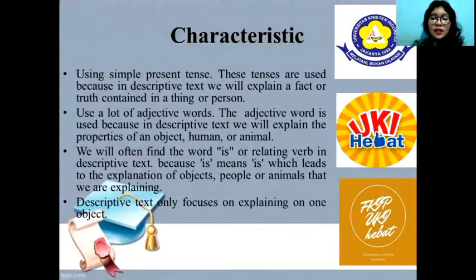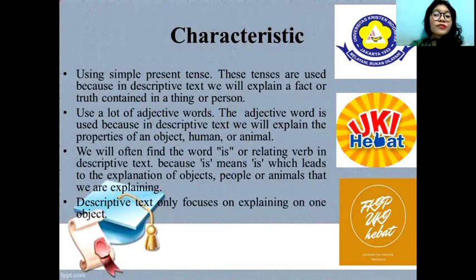And the characteristics of the descriptive text: the descriptive text uses present tense, because descriptive text explains a fact or truth contained in a thing or person. And there are a lot of adjectives in the descriptive text, because we explain the properties of an object, human, or animals.